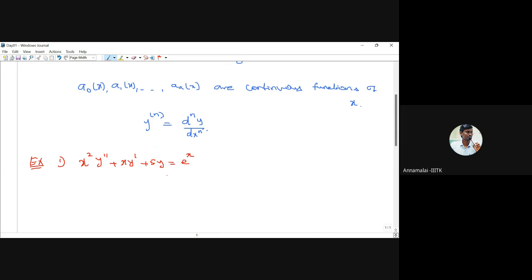We call this a variable coefficient equation because the coefficients contain the variable x. Suppose all the coefficients are constant, we call it a constant coefficient equation. So y double dash plus 3 times y dash plus 6 times y equal to some function of x, maybe 0.